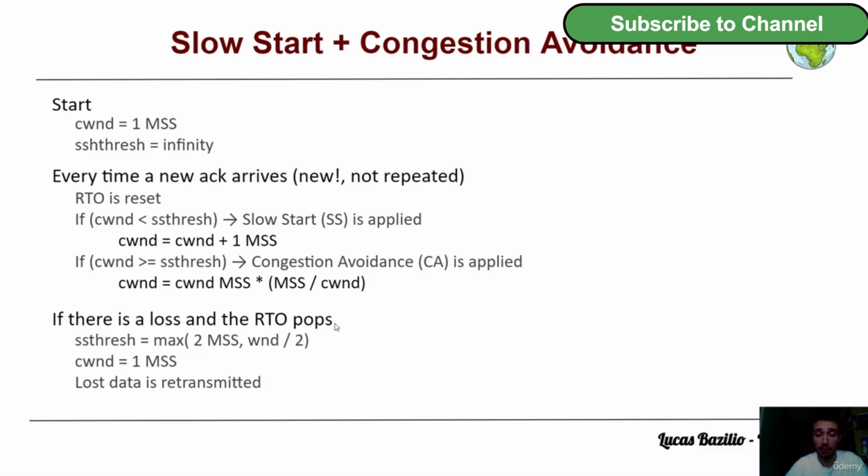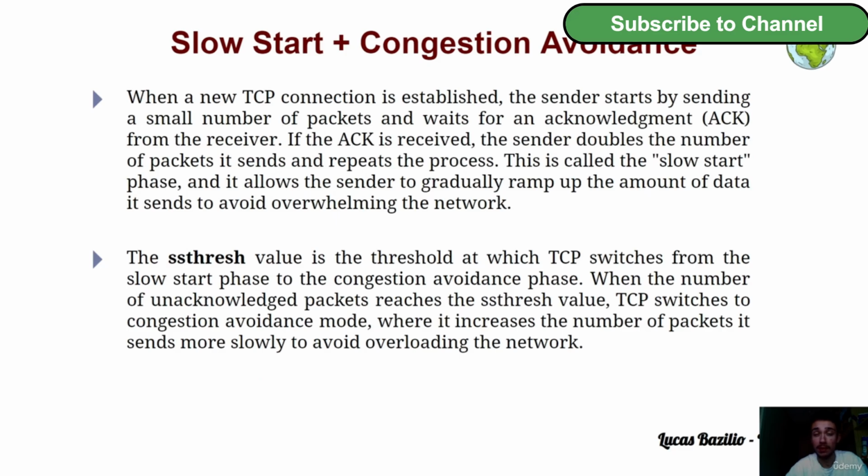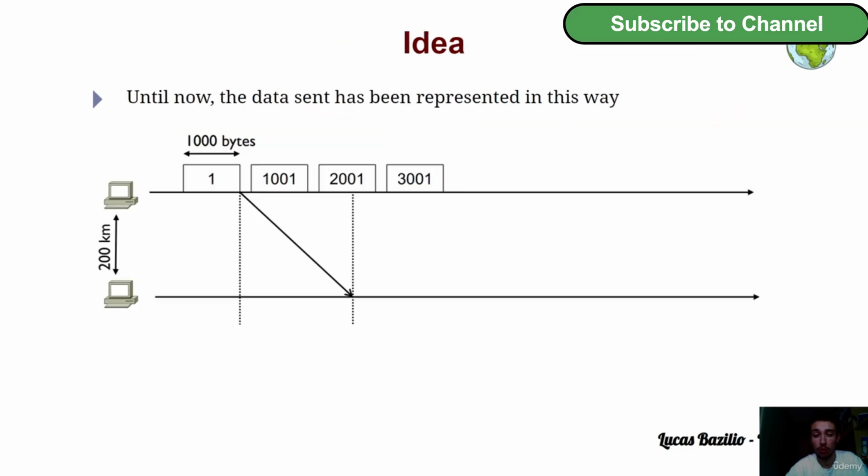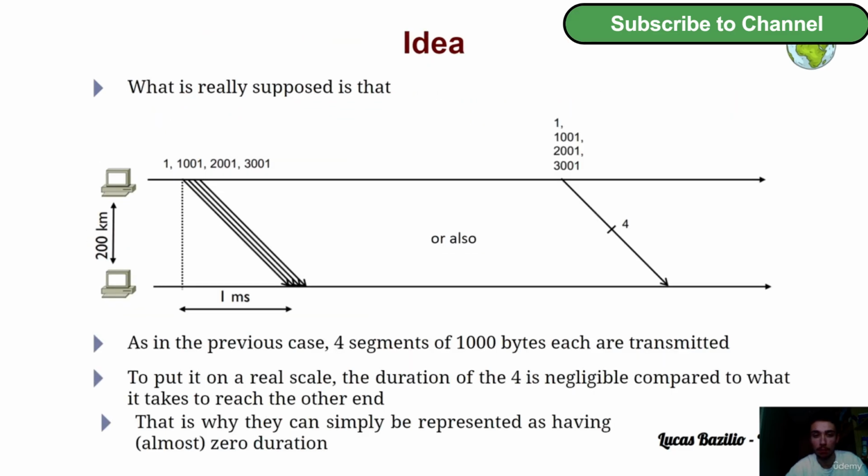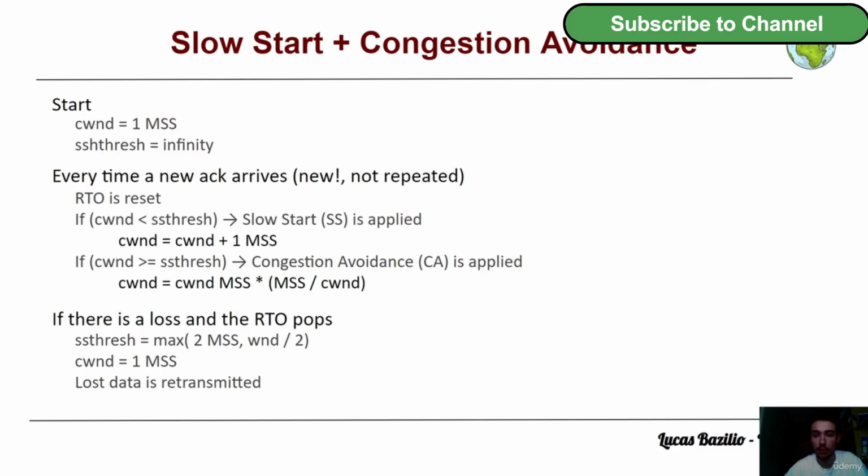They form part of the flow control, but they have the role of congestion control. This algorithm in TCP belongs to the congestion control, where we use it to compute the value of the congestion window.